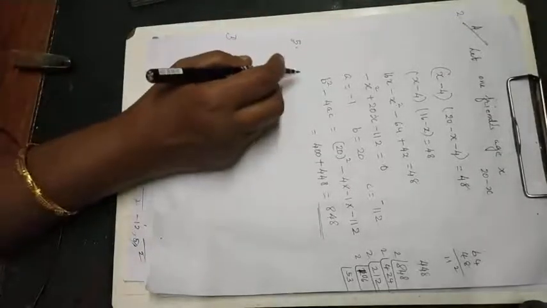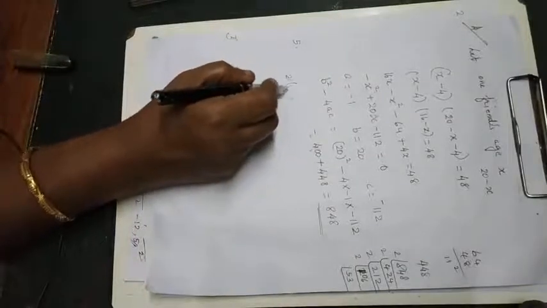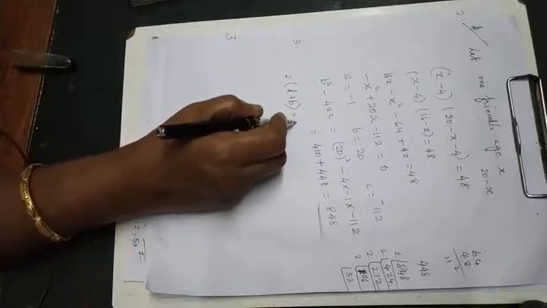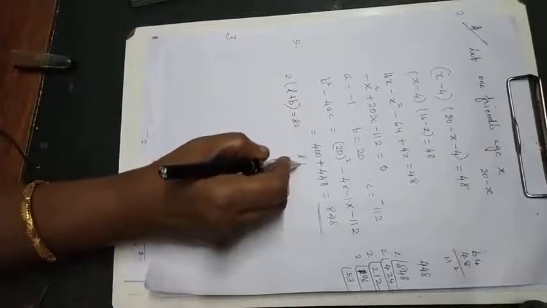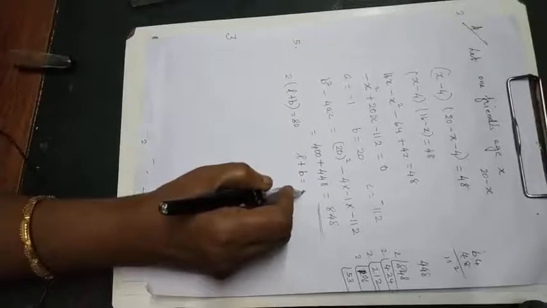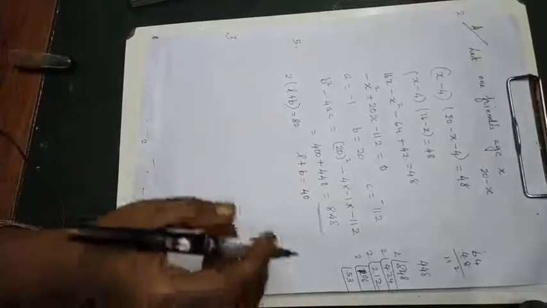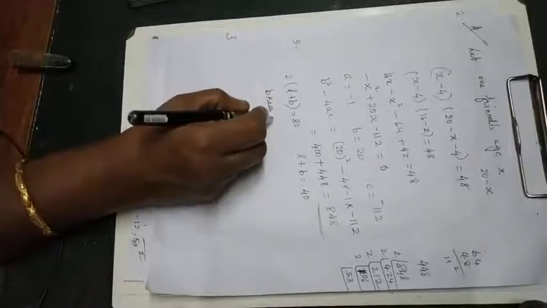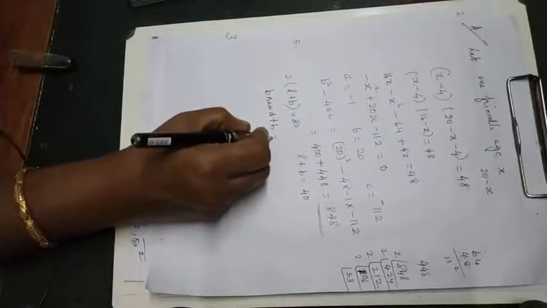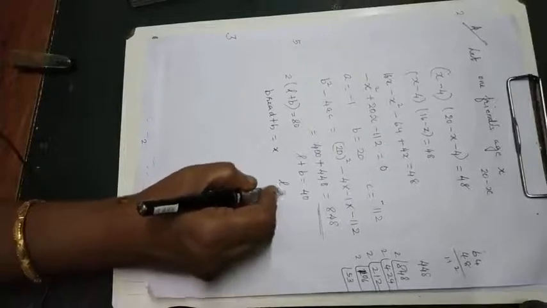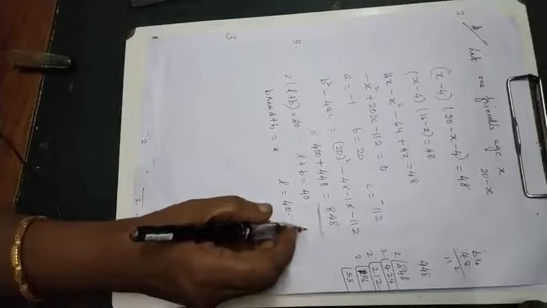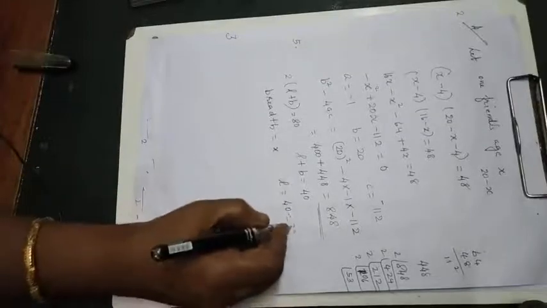So perimeter is given: 2 into length plus breadth is equal to 80, or length plus breadth will be equal to 80 divided by 2, that is 40. Suppose you take breadth equal to x, length you can take as 40 minus x.